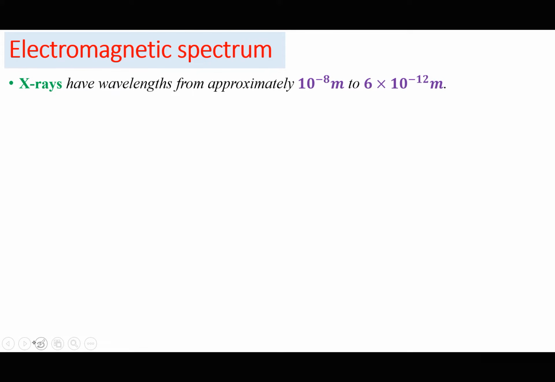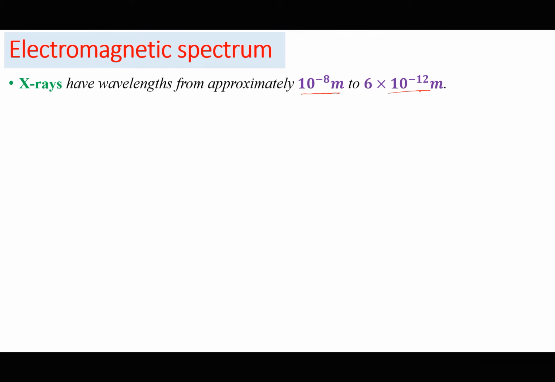Of course, we talk about X-rays in paper 4 again. I think that will be quantum physics. X-rays have a wavelength between 10 to the power of minus 8 meters to around 10 to the power of minus 12 meters.